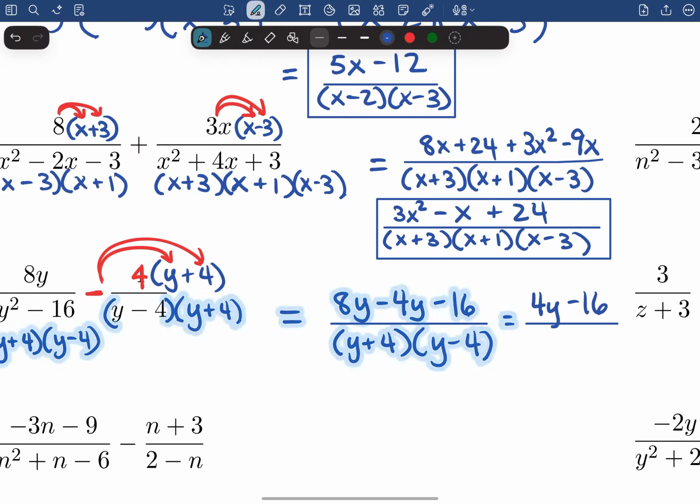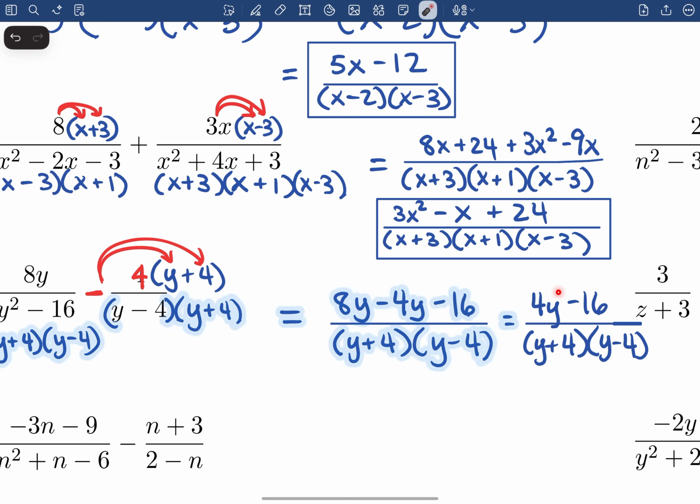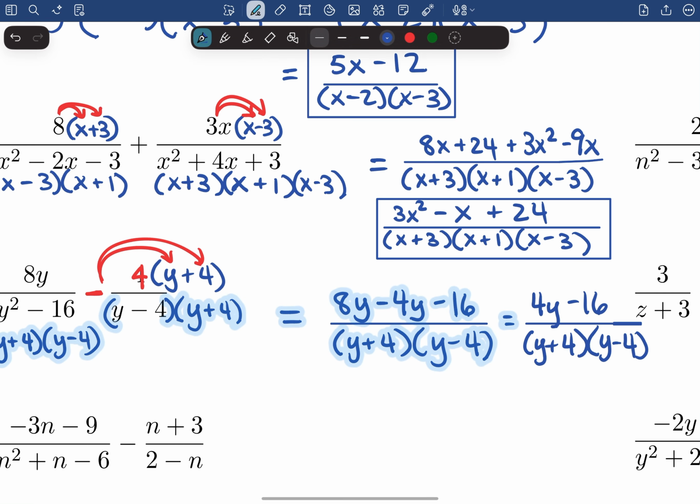At this stage, as we're working on factoring, always check for GCFs. We've said that in the past, greatest common factors. So this numerator, 4y minus 16, has a GCF of 4, right? So I can factor out a 4, and I'm left with y minus 4, right?